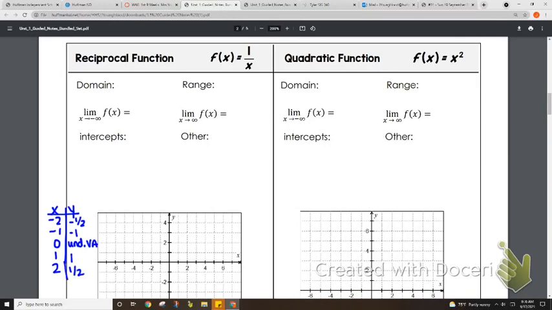And so we can graph these. We said there's a vertical asymptote at 0. We're going to graph that vertical asymptote with a dashed line. Oops, sorry, graphed those wrong.